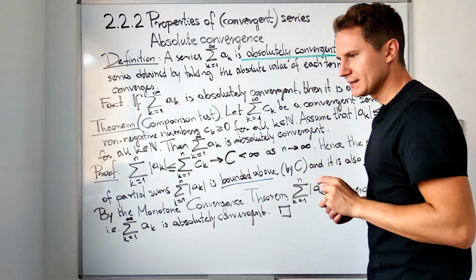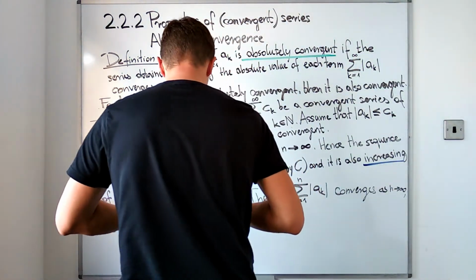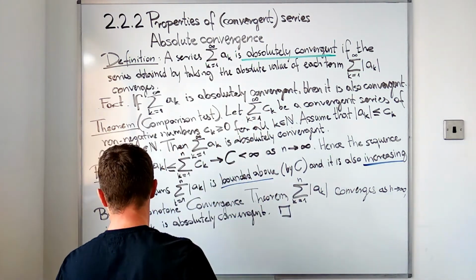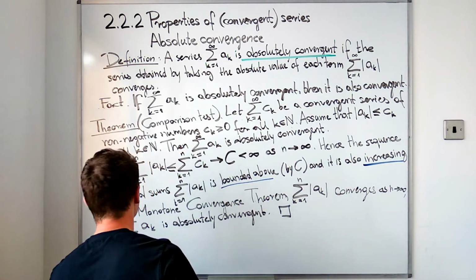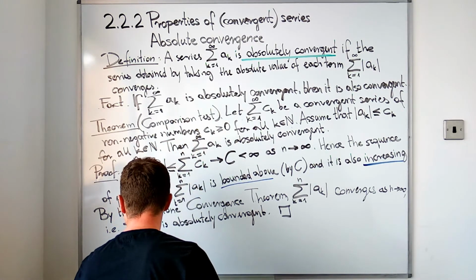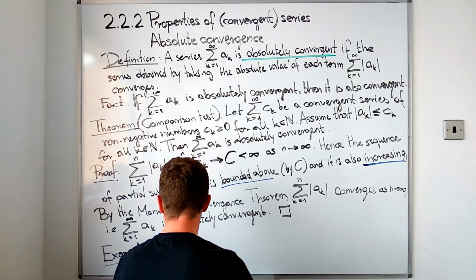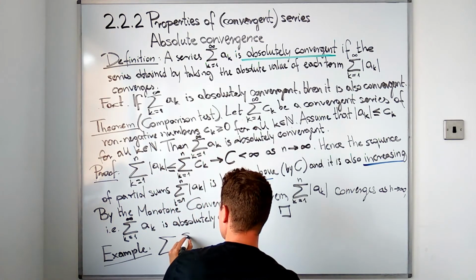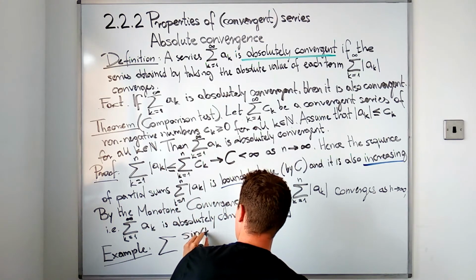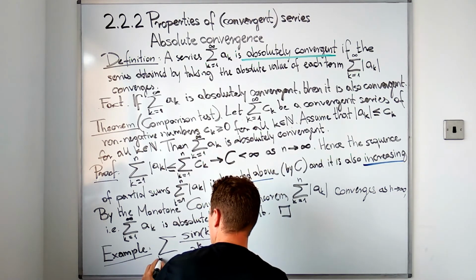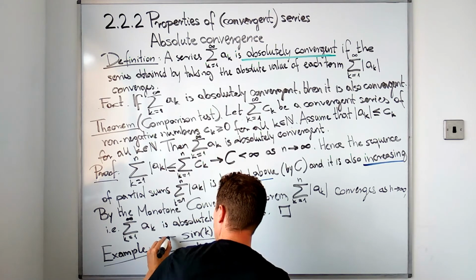And now let's consider an example in which the comparison test can be applied. Example: I want you to consider the sum of sine of k divided by 2 to the power k, with k going from 0 to infinity.